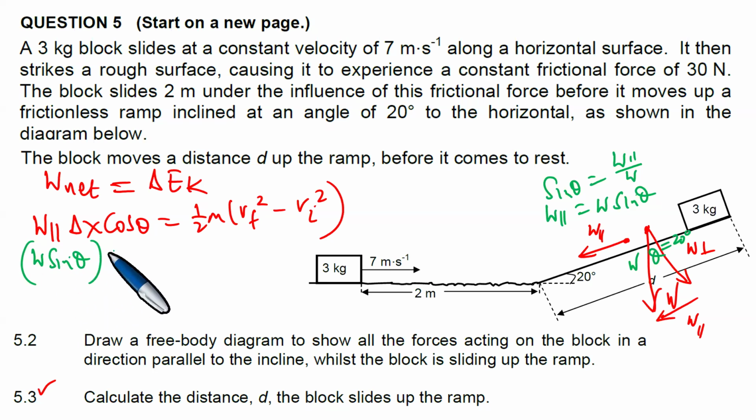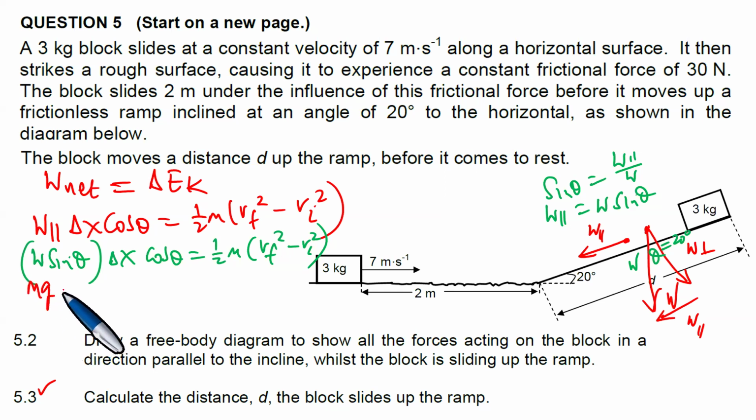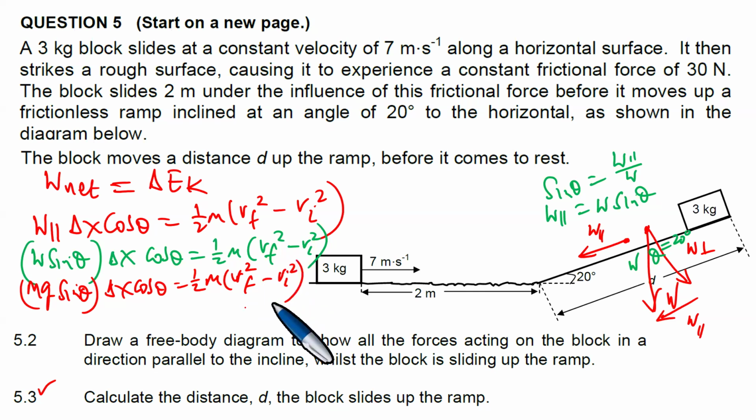This is the W parallel component, and this is delta X cosine theta is half m VF squared minus V initial squared, which means you're going to have the following here. We're going to have the weight. What is the weight? The weight is mg. Mg sine theta delta x cosine theta equals half m VF squared minus V initial squared.